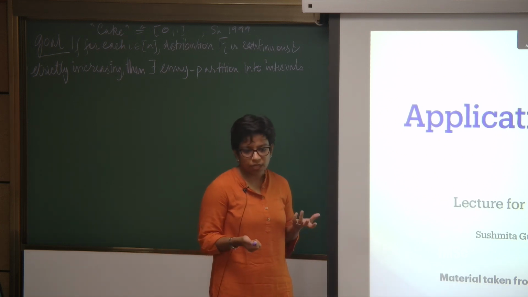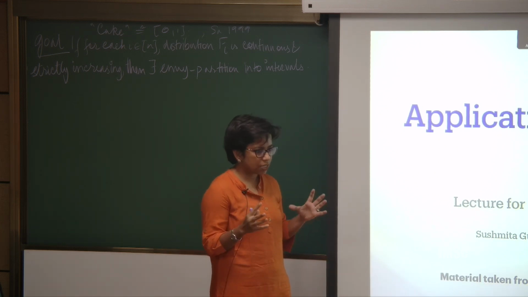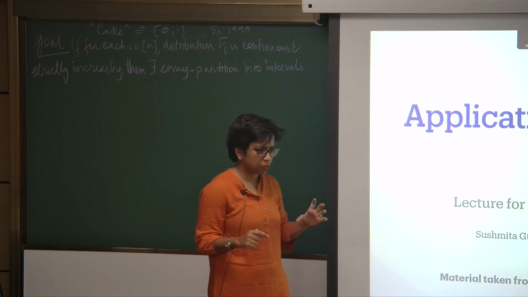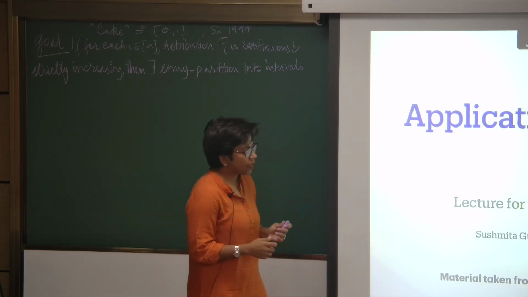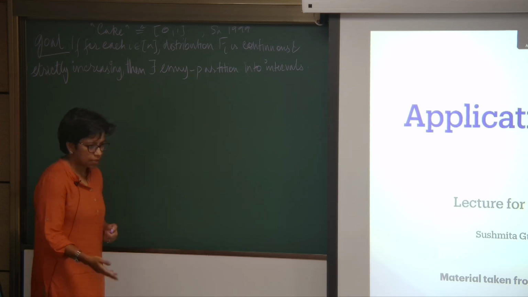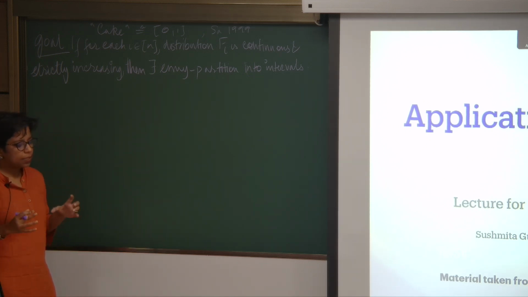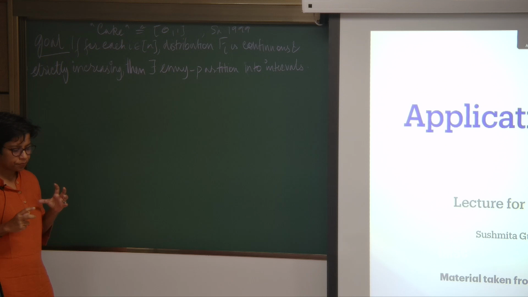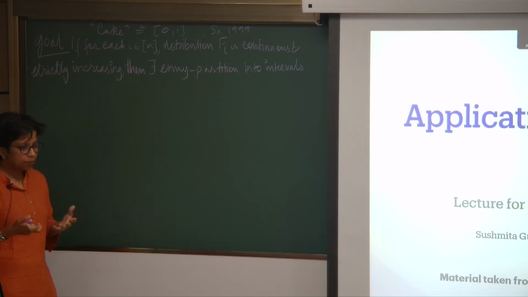So, the goal today would be, if nothing else, for you to understand the broad contours of the proof, like what is actually happening, and then I will fill out the details in the second part of this lecture. Okay. So, the thing is to visualize the cake as some type of a simplex, and the simplex can be subdivided into smaller simplices, and we will argue at least that there exists a way to partition which will be this epsilon envy-free partition.